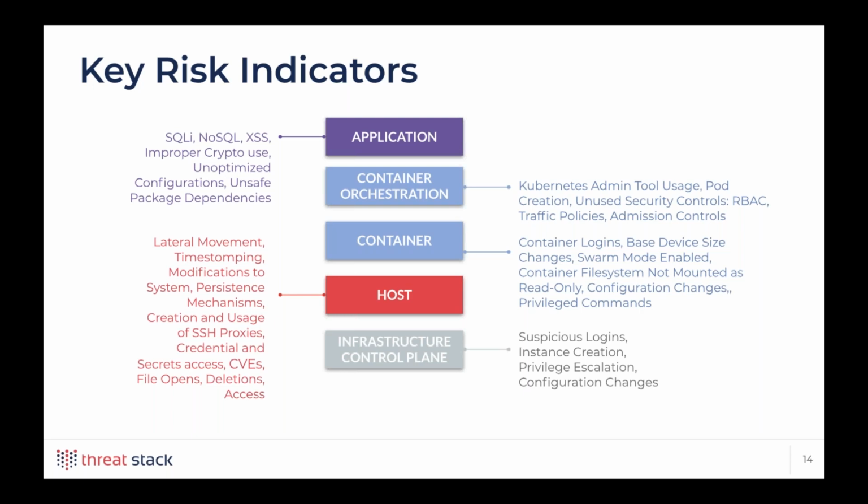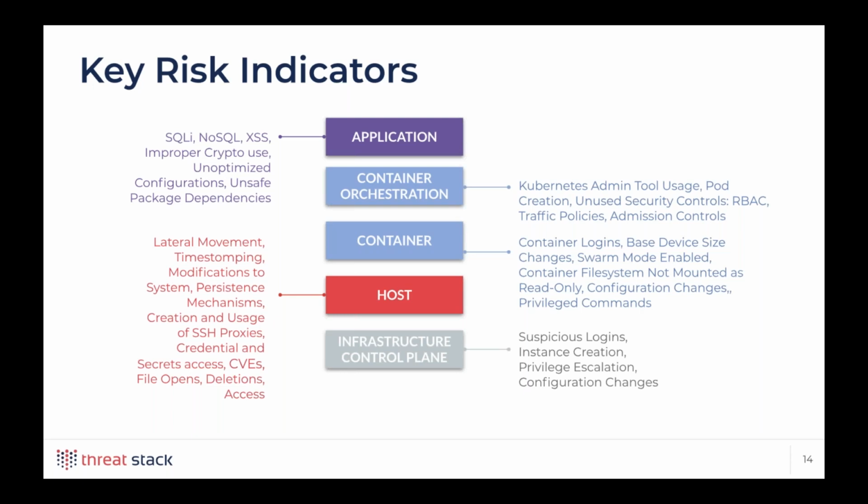As you move up the stack to the host and the virtual machine that runs there, you want to look for lateral movement. You remember we talked about the build server being a pivot point from your build environment into staging and production.